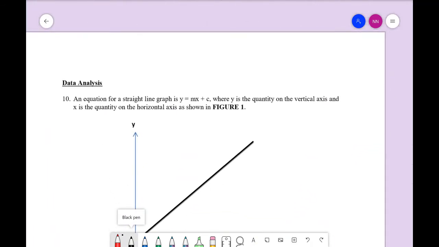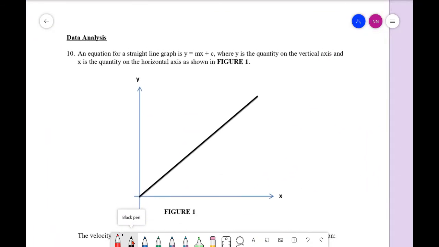Okay, then question number 10. An equation for a straight line graph is y equals mx plus c, where y is the quantity on the vertical axis and x is the quantity on the horizontal axis, as shown in figure 1.